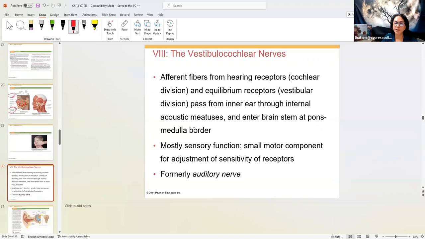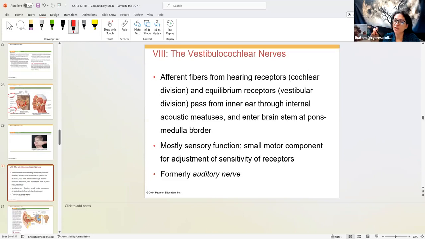Vestibulocochlear nerve, or cranial nerve number 8, which comes from our ear. Actually, in the chapter on the ear, or the special senses, you're going to learn about the structure of the ear, in which we can define 2 separate parts, the cochlear division and the vestibular division of the inner ear, which have different receptors.